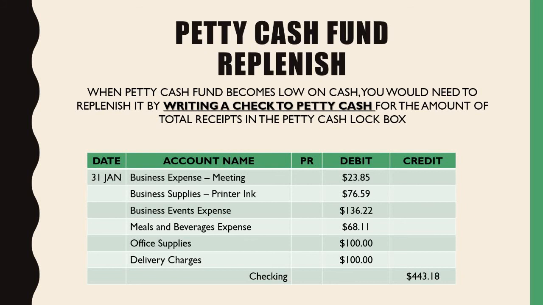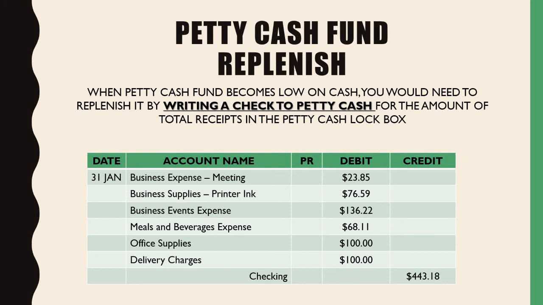You do not directly debit or credit the petty cash drawer itself. Okay? Because I want to make sure that at any given point in time, my petty cash drawer should reflect a total of $500, no more, no less, because that's what I established the petty cash drawer to be.